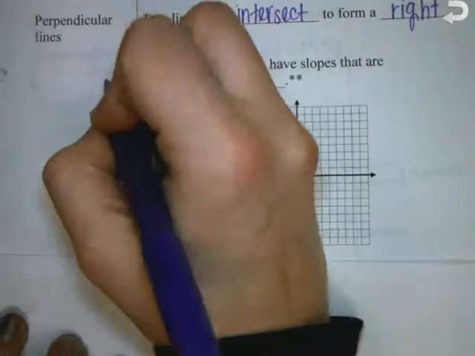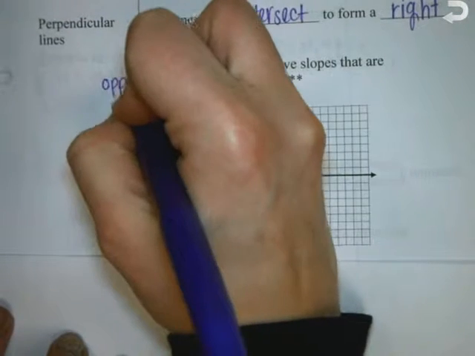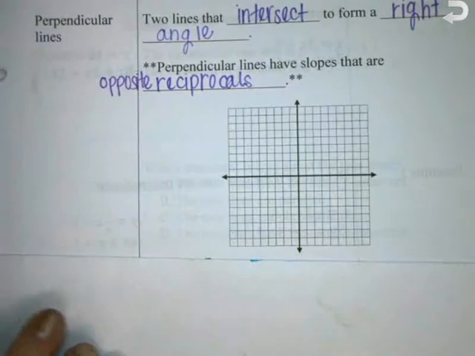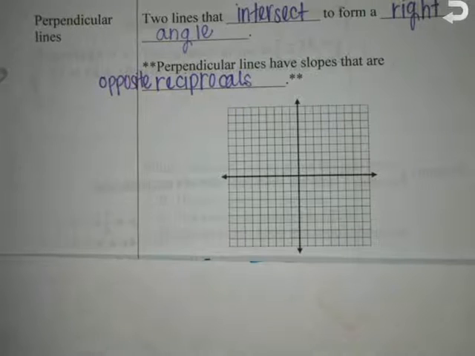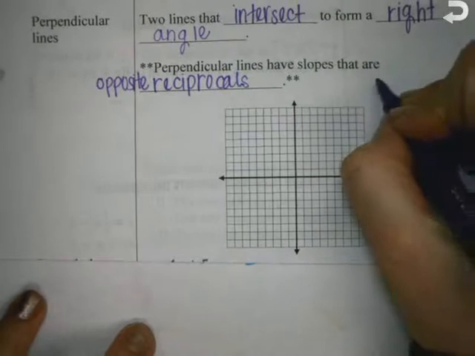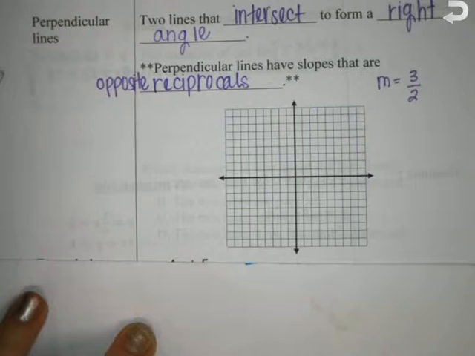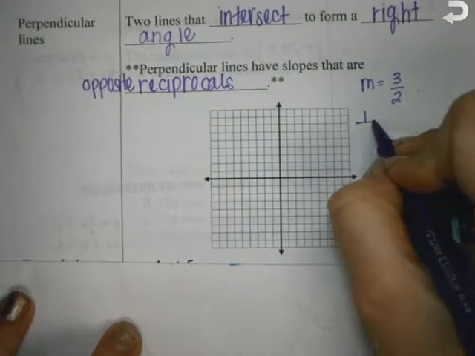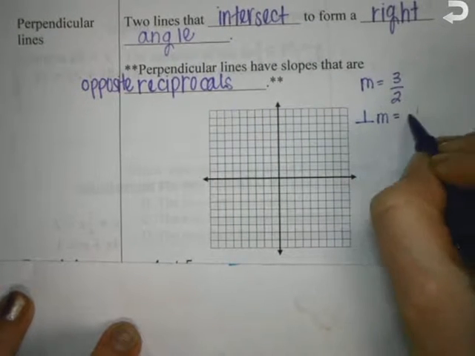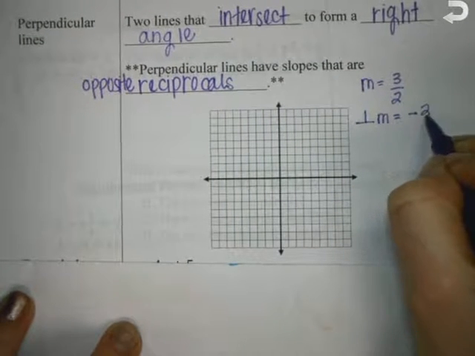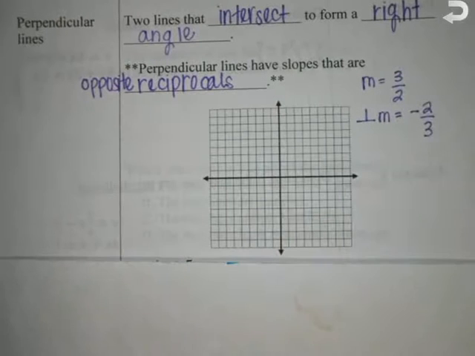They're called opposite reciprocals, which means we flip it and we change the sign. So, for example, if I had a slope that was 3 over 2, what would a perpendicular slope be? Negative 2 over 3. So you change the sign and you flip it. That's what opposite reciprocal means.